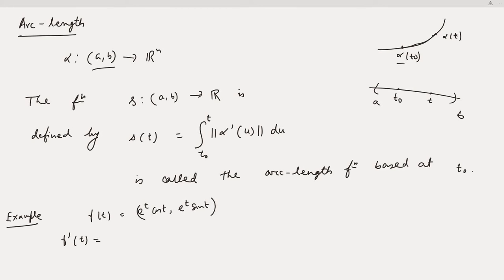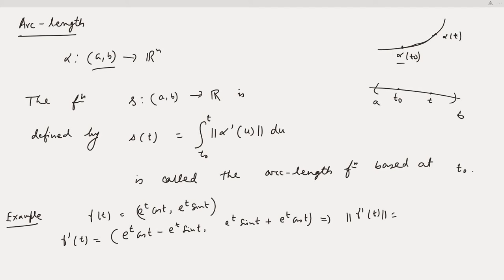This is equal to e power t cos t minus e power t sin t comma e power t sin t plus e power t cos t, and this implies the norm of gamma prime of t.